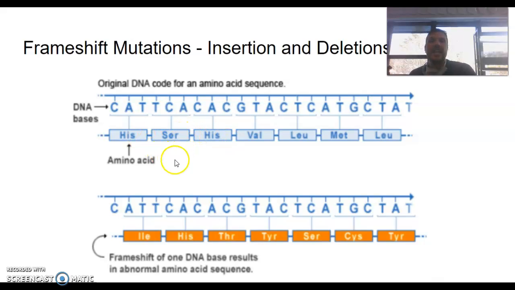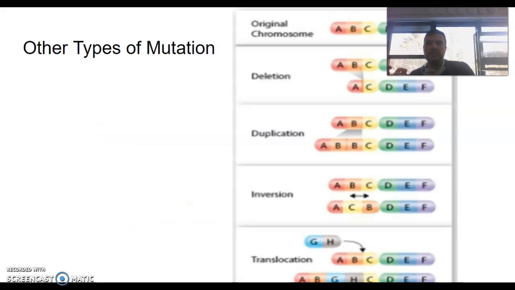But if I take away 1, take away 2, take away 5, anything that's not a multiple of 3, or add in anything that's not a multiple of 3, there's probably going to be some issues. Also, the more you add in, the more likely it is that it's going to cause issues. That's frame shift mutations.